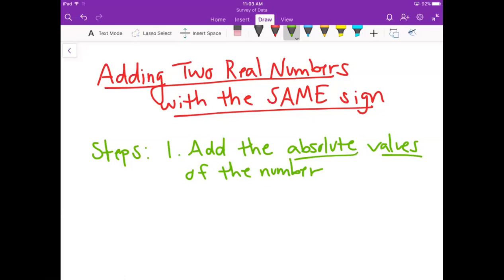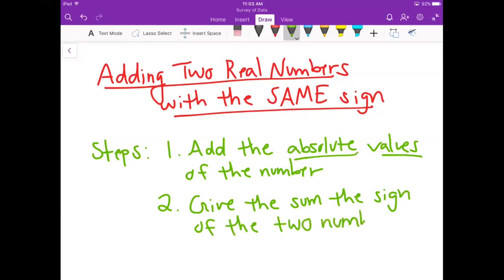So that means we're just going to add two positive numbers. But if the numbers are both negative, then we're going to give the sum that same sign. So always give the sum the sign of the two numbers.